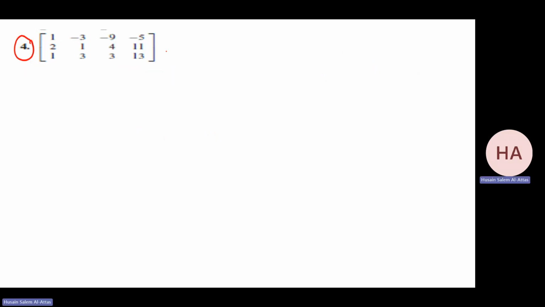Another problem: minus 2 R1 plus R2, minus R1 plus R3. 1, minus 3, minus 9, minus 5. Now, by minus 2 and add, that will be 0. Minus 2 and add, that will be 7.